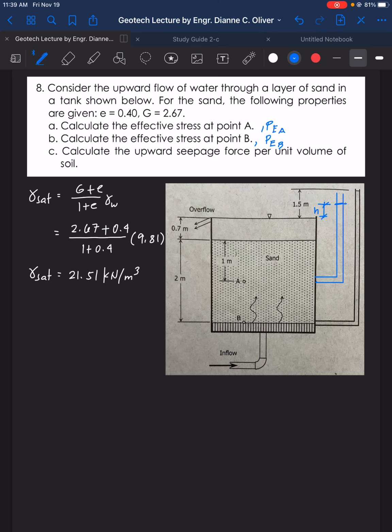If we name this H sub A, this layer here, let's name this as the total height of this water column here. Let's name that H sub A. So I hope it is clear.